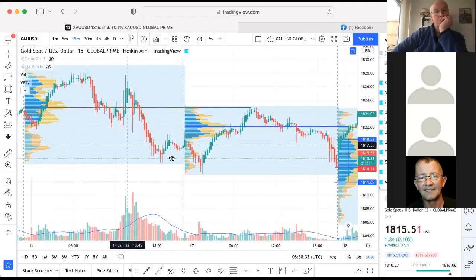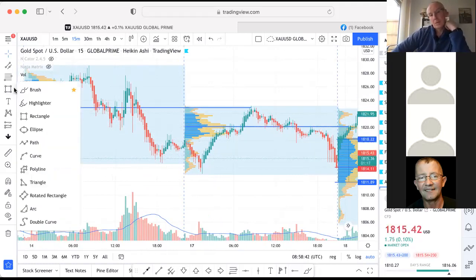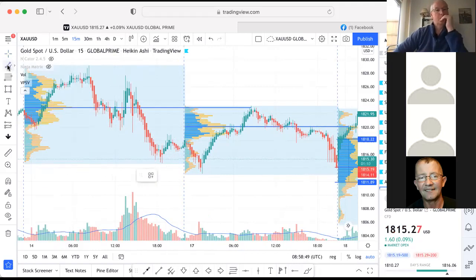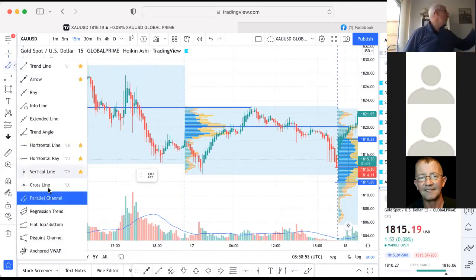So rather than sit and watch the chart and wait until it entered the field of play, I put an alert on this area here, and the alert that I chose was parallel lines, which you'll find under trend line tools. Sorry, parallel channel.